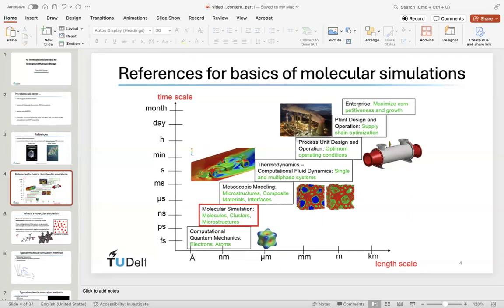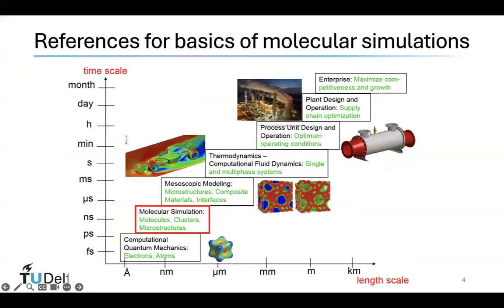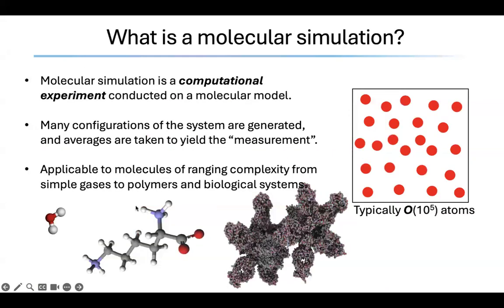When you're looking at molecular simulations, you're mostly in the regime where your length scales are between angstroms and a few nanometers, and your time scales are in the range of picoseconds to a few hundreds of nanoseconds. So you're not really looking at very big systems.